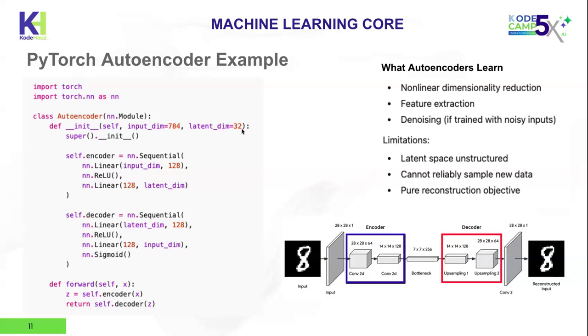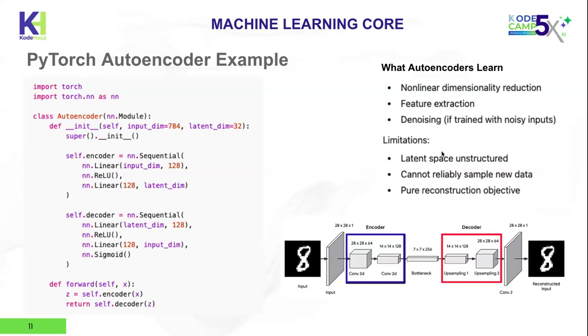But unlike previous classical machine learning feature reduction, where we scan through the 784 features and pick only the ones that matter, this one actually generates a new set of features that are a compressed version of the most important features in these 784 dimensions. And then it also learns denoising. So if you put in a lot of data, including noisy data, it basically learns what matters and filters out the noise. So that's what they learn.